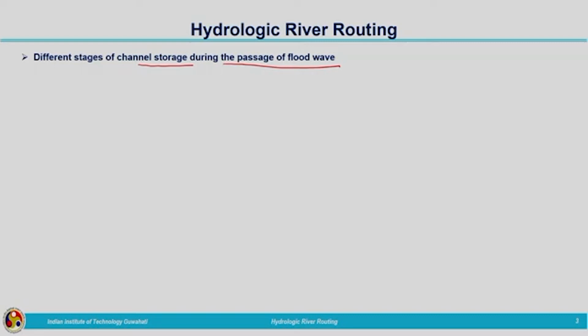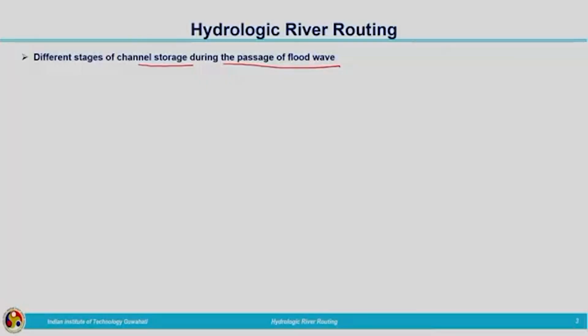During the passage of a flood wave through the channel, we usually carry out the study considering the flow to be gradually varied flow. Sometimes it can be rapidly varied flow also, but in hydrologic routing we consider the flow to be gradually varied. So, we need to understand the different stages of channel storage based on the different types of flow conditions.